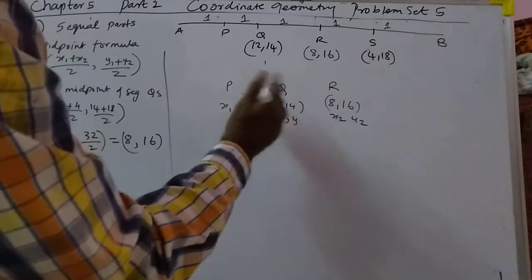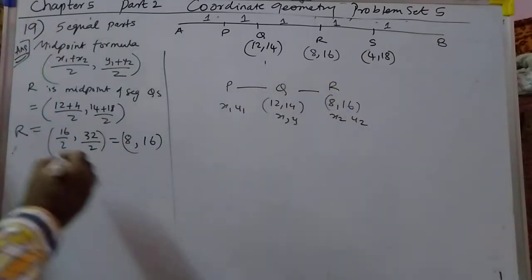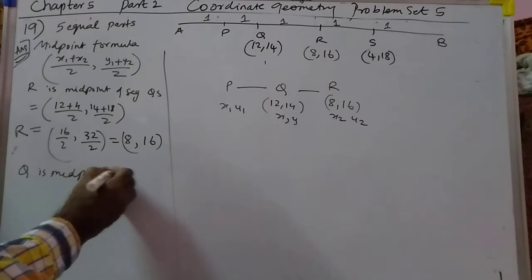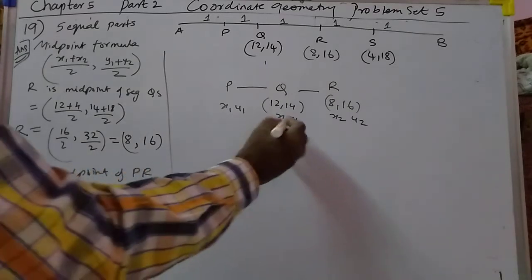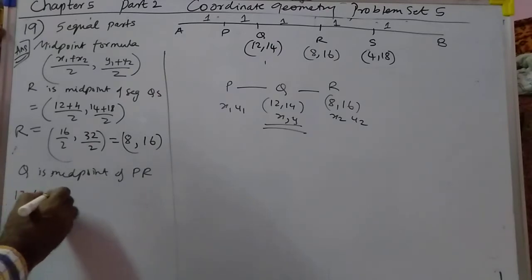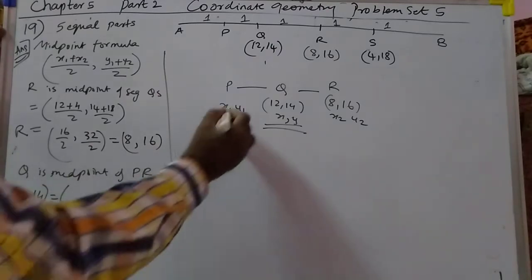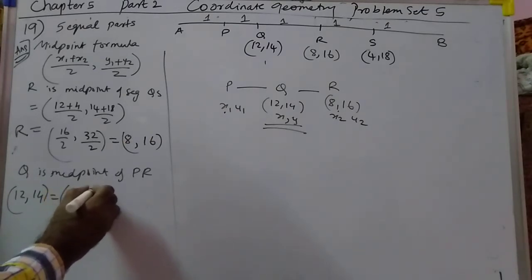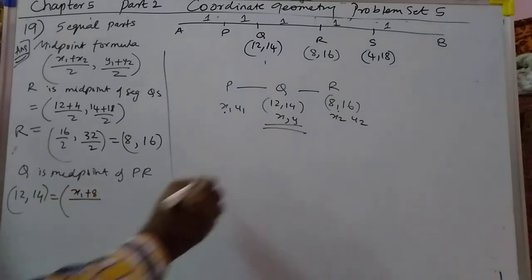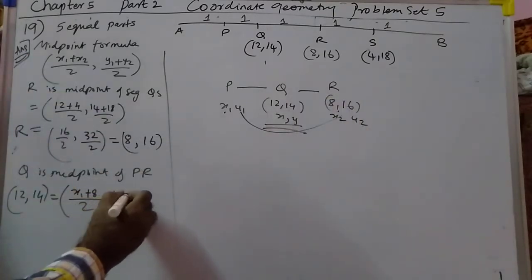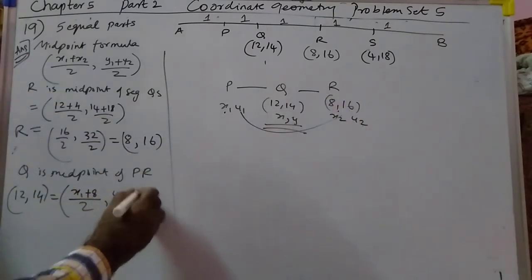Q is the midpoint of p and r, and that is given. So 12 comma 14 is equal to x1 plus 8 upon 2, and y1 plus 16 upon 2.